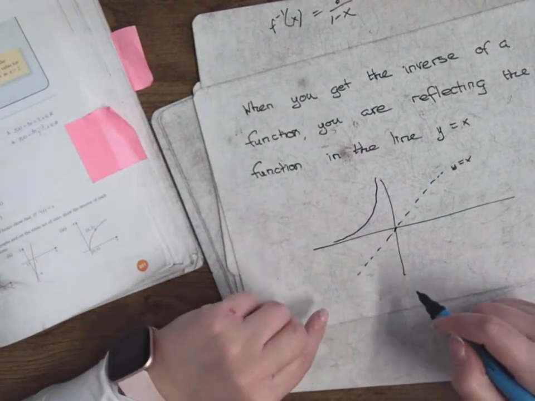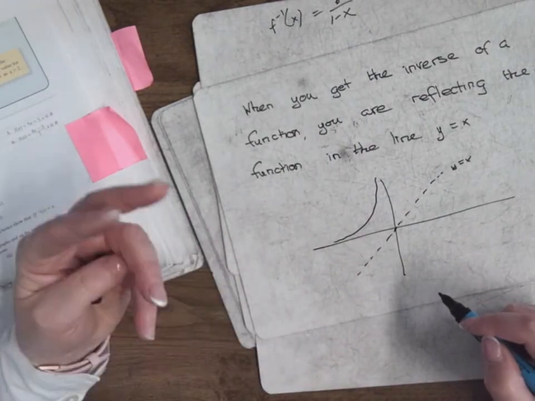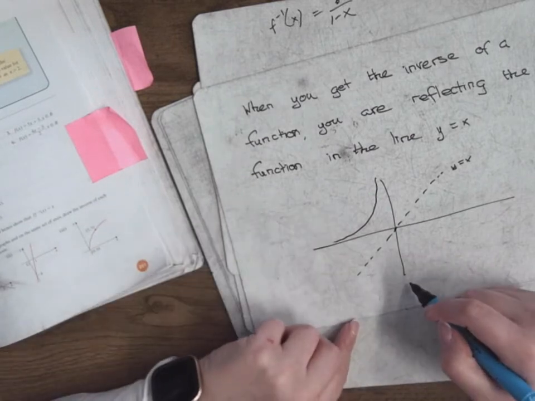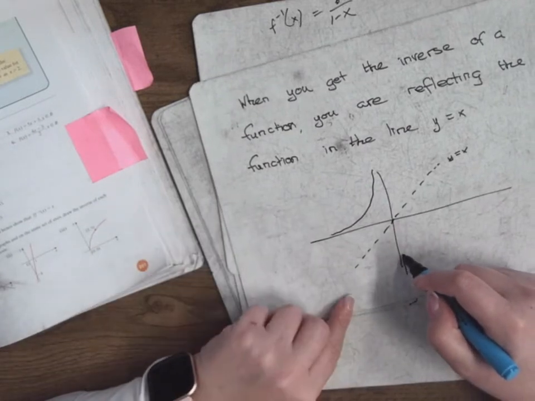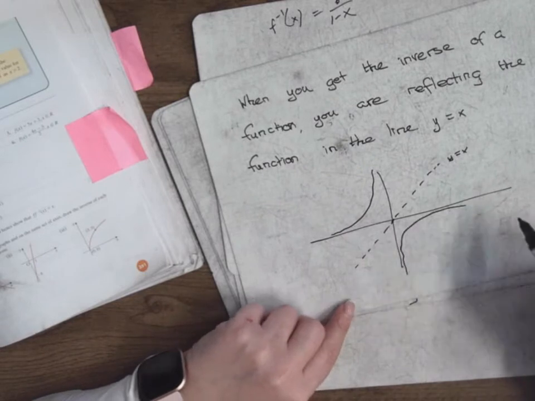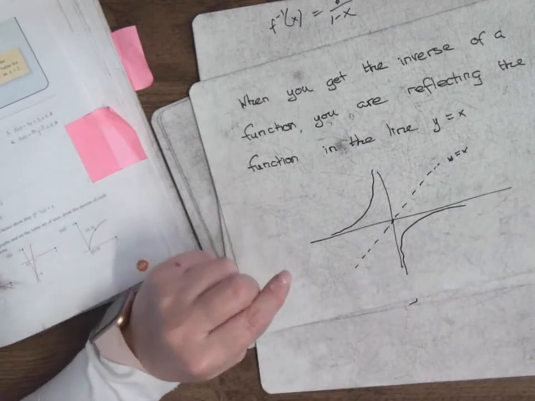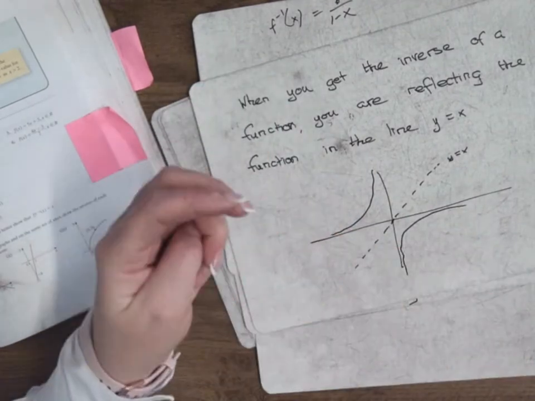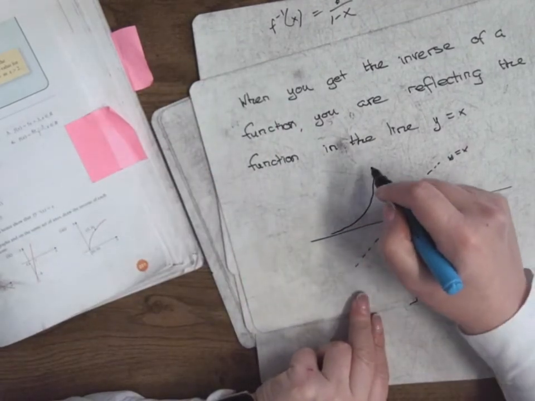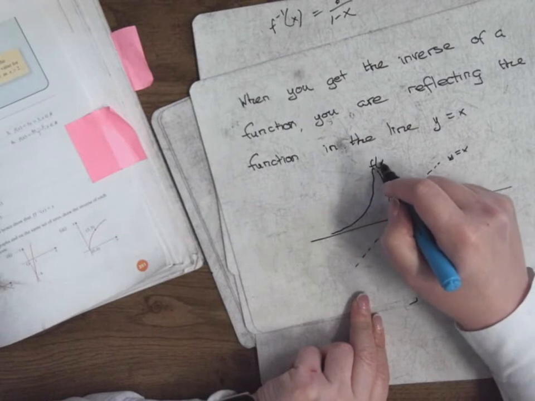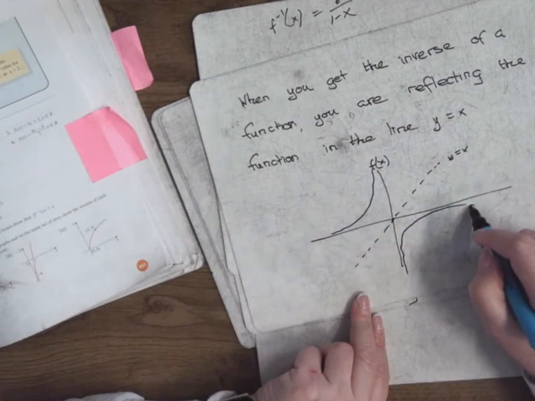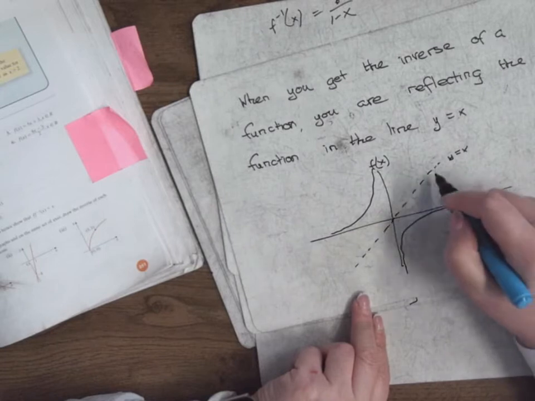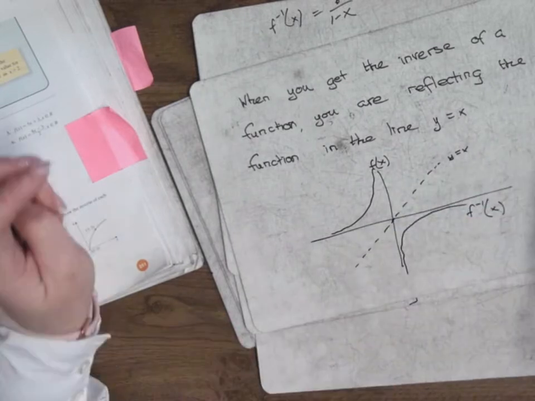I remember that from my childhood. Basically that's reflection. If I was to fold along that line, I'd end up with that line over there. So this is the function f of x, then the function f inverse of x would look like this. So you're actually reflecting in that line.